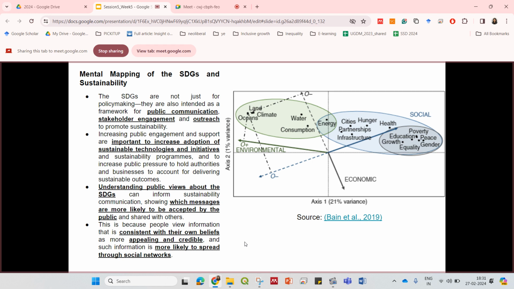And in order to make such public communication, it is essential that even the public understands what sustainability is and how SDGs are related to that. So, for increasing public engagement and support, it is important to increase the adoption of a certain mindset or mental mapping of which SDGs the public considers fall under which kind of sustainability issues.